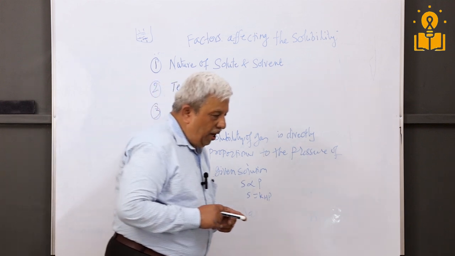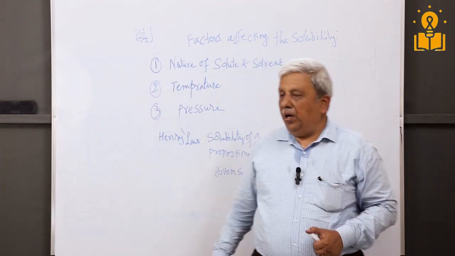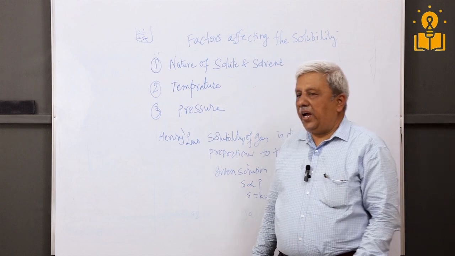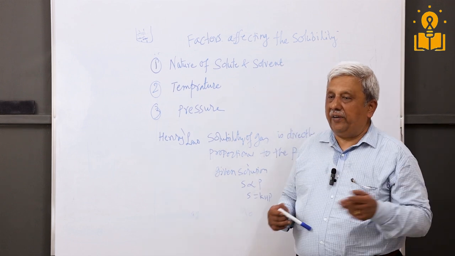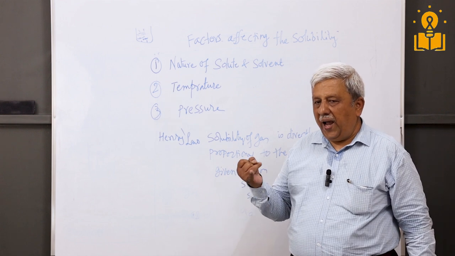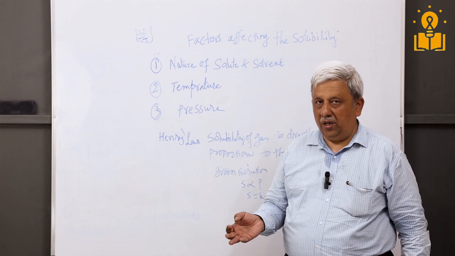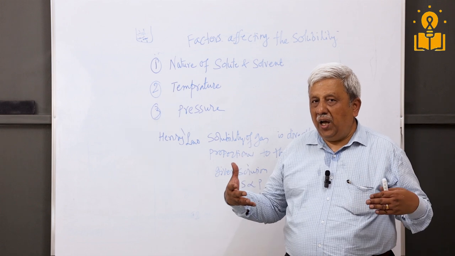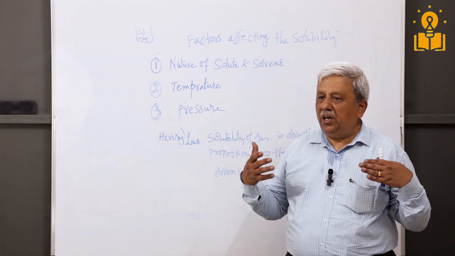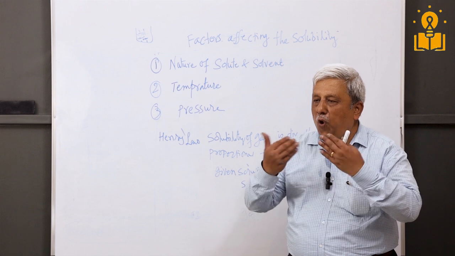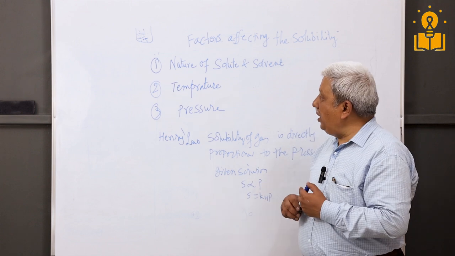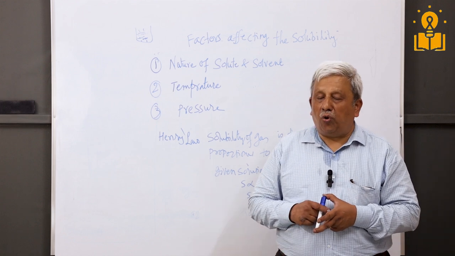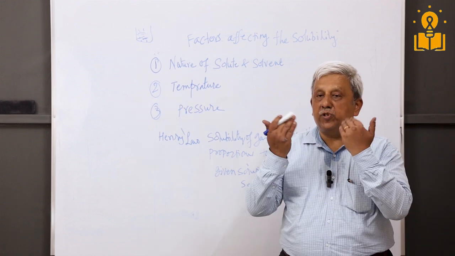Then next is the temperature. As we know, reactions are of two types, which is also based on temperature: exothermic and endothermic. An exothermic reaction is one in which heat is evolved or generated, while endothermic reactions are those in which heat is absorbed.